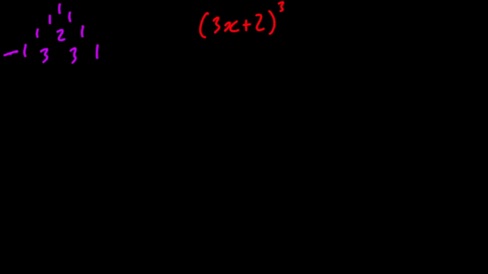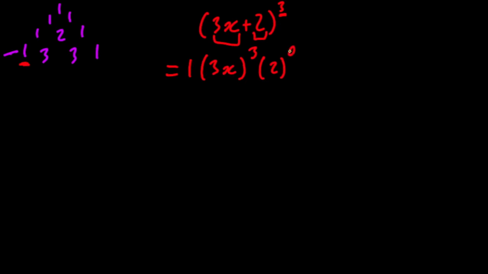So we can start off. We start off with the first number, which is 1, and then whatever is before the plus sign. So we have 3x. So 3x to the power of 3. And then multiplied by whatever is after the plus sign, which is a 2.